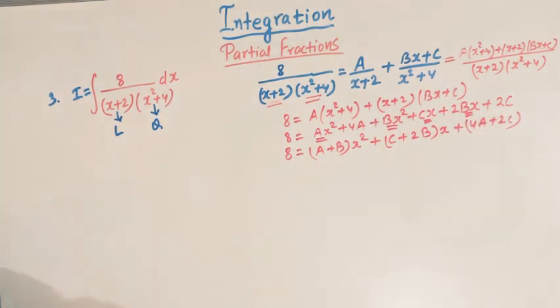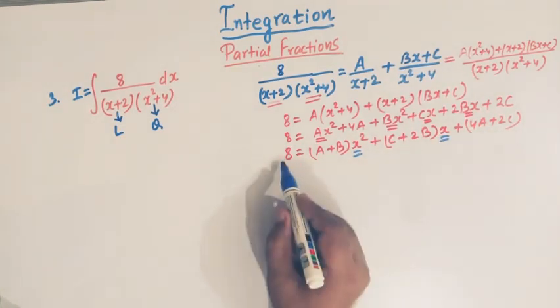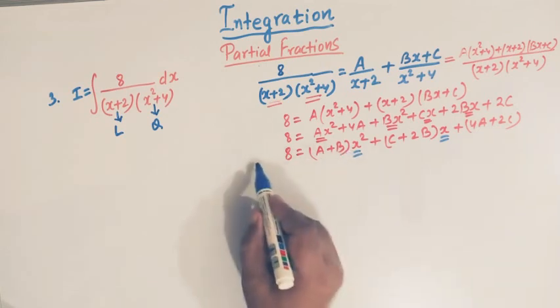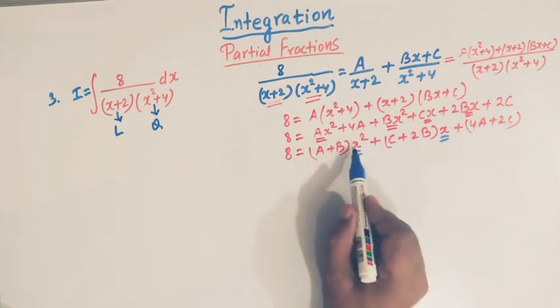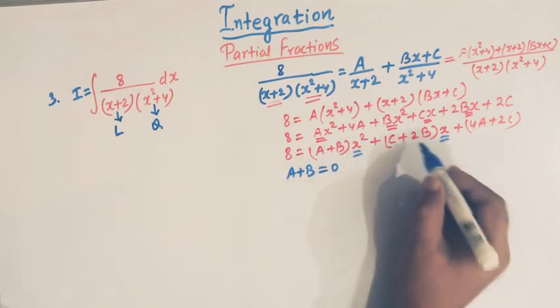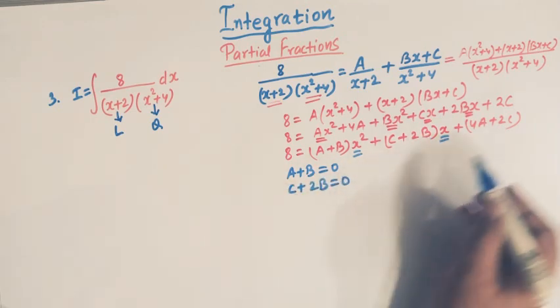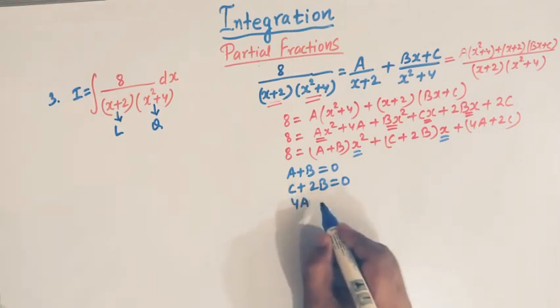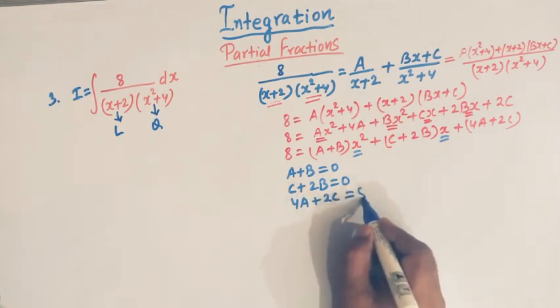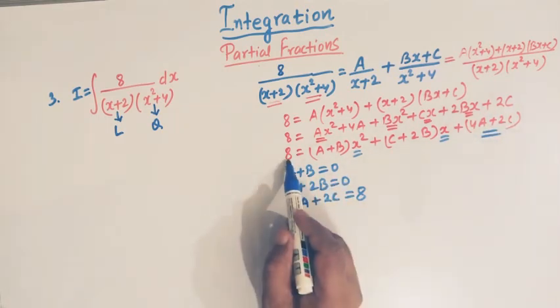Okay, now we will compare the coefficients of x square, x, and the constant term on both sides. So here we do not have any term containing x square, so we have A plus B equal to 0, and similarly we have C plus 2B equal to 0, and 4A plus 2C is equal to 8, because the constant term is equal to 8.